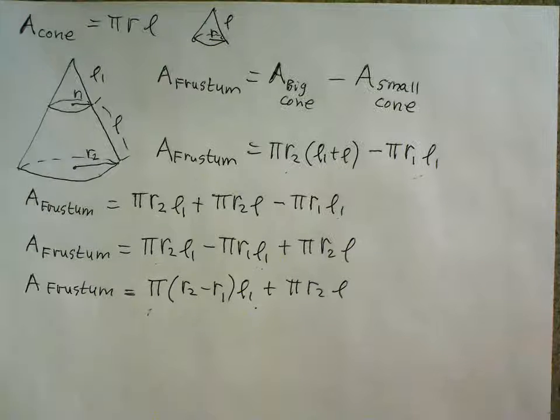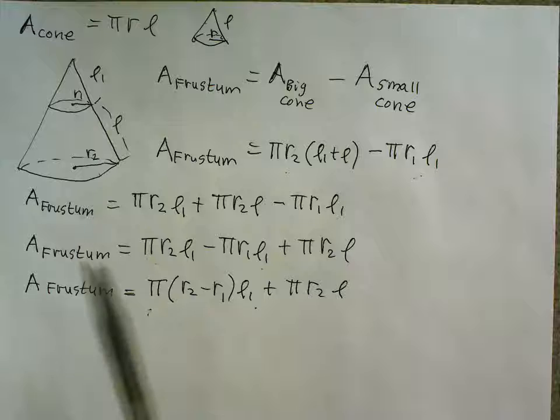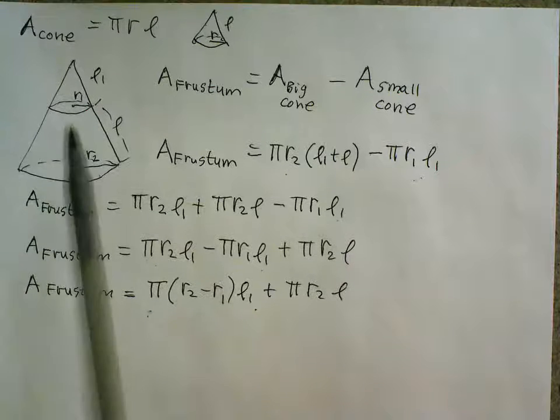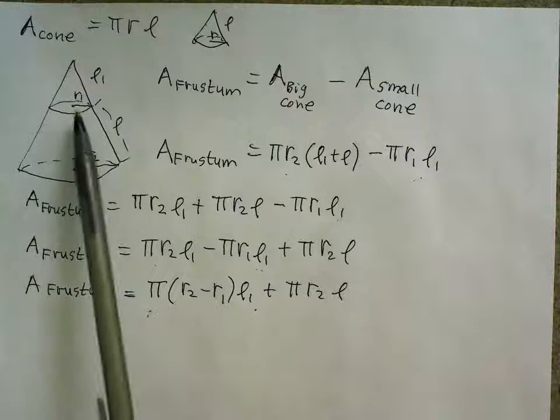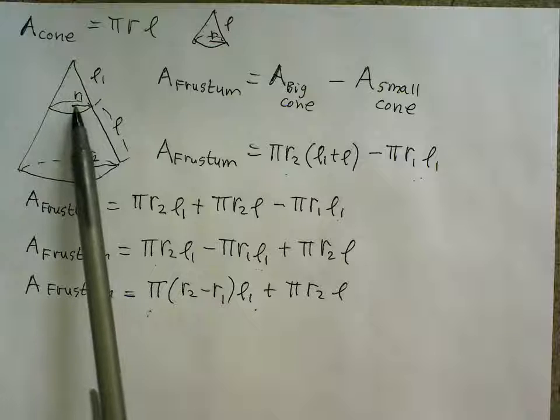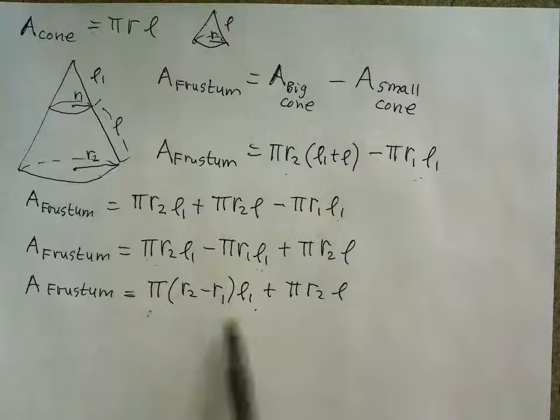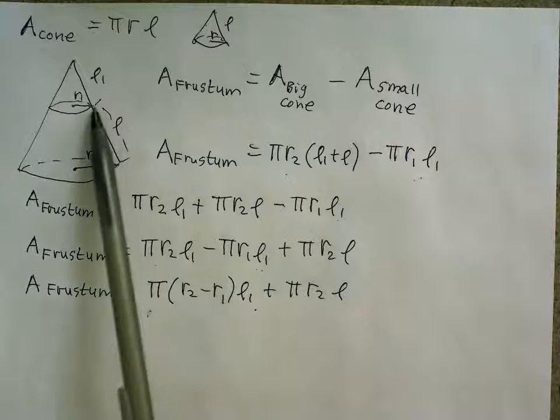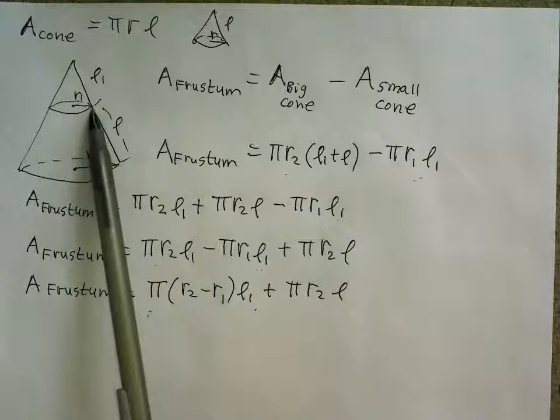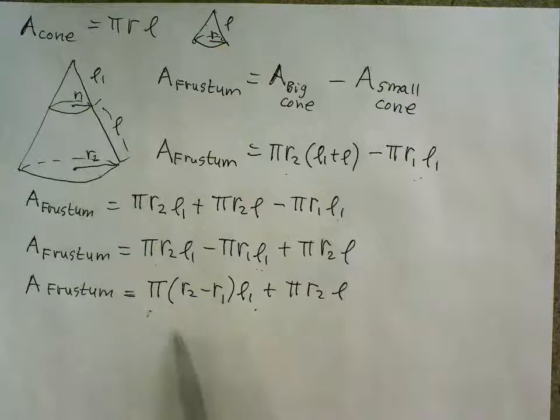Well, if you consider just the frustum, it's not that hard to determine what the radiuses r sub 1 and r sub 2 are. And it's not that hard to determine what L is.